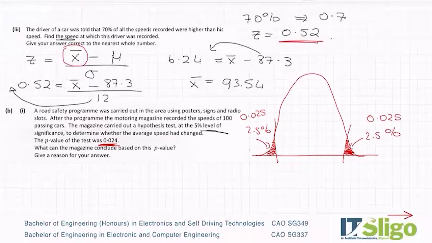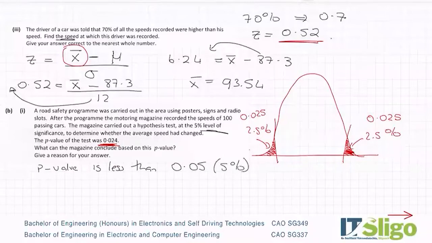Okay, the p-value of the test was 0.024. So to conclude, the p-value is less than 0.05, so that's 5%. Therefore it is significant. And therefore, remember what H0 would be, because it was a hypothesis test.